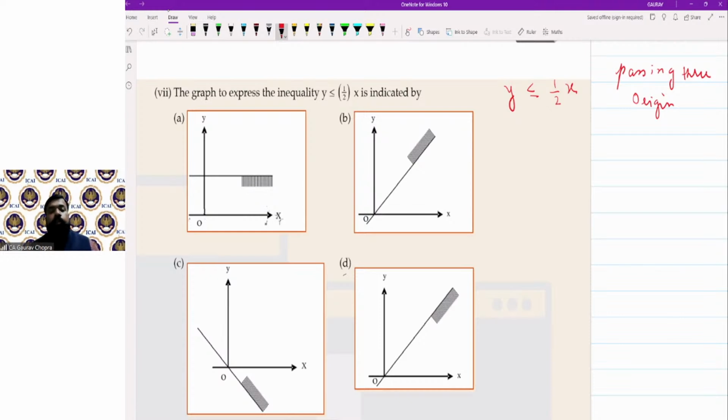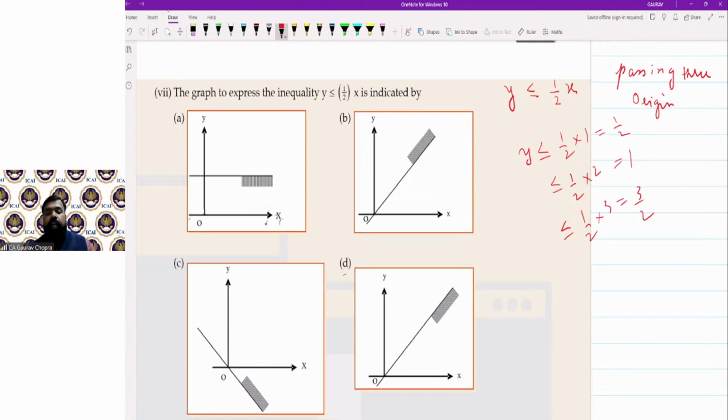So which area do we have to mark? Now it is the best way to put the option and check. See, if we put 1 in x, what result will come? 1 by 2 into 1, it is half. If you put 2, then it is 1. If you put 3, then it is 3 by 2 and so on. So all the values coming are positive values.